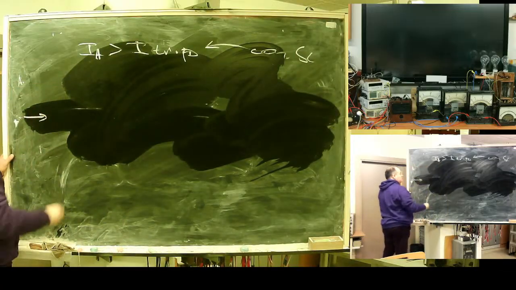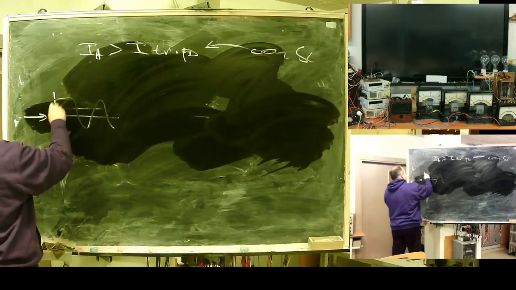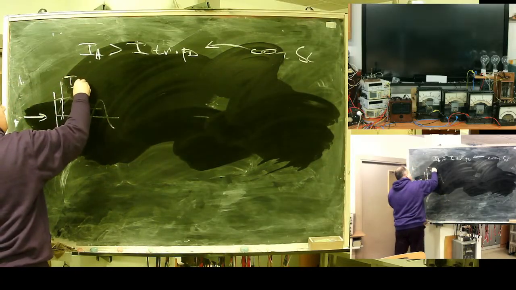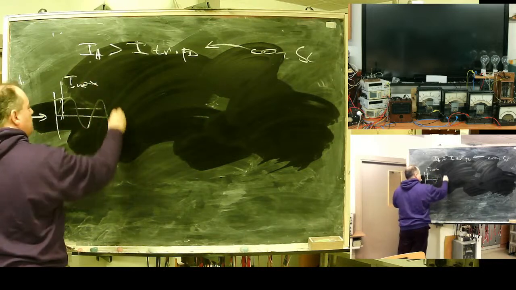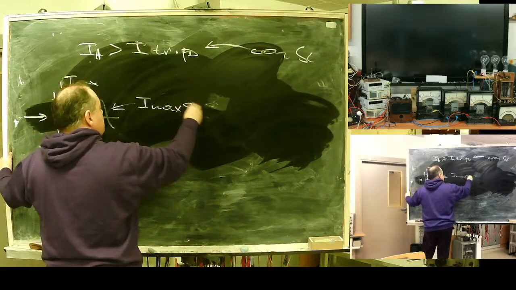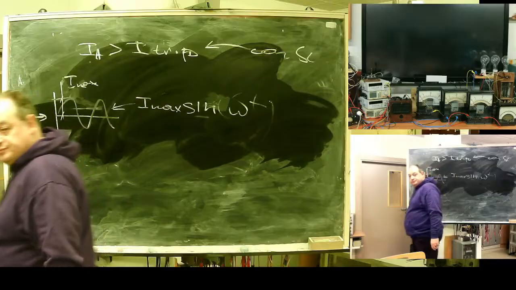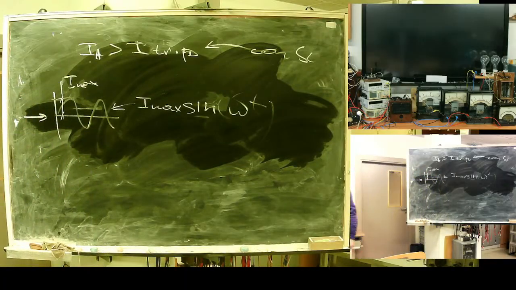We have I maximum, the white line is I maximum sine omega t. It's the input of our current transformer. What next?